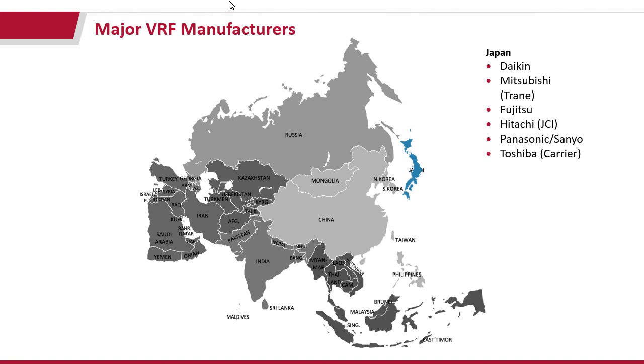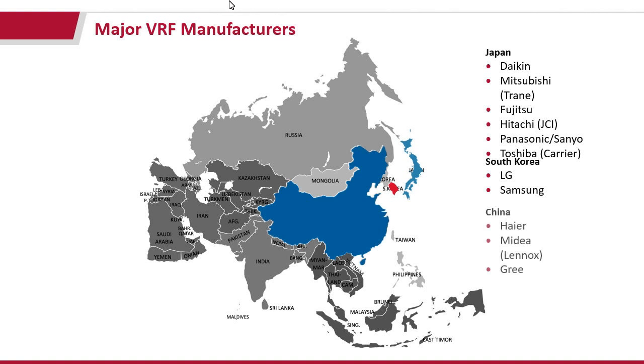South Korea, we have LG and Samsung. And in China, we have fewer, less known names. And then we also have some manufacturers in India. So just keep in mind that the major manufacturers are all in Asia as we go through this.